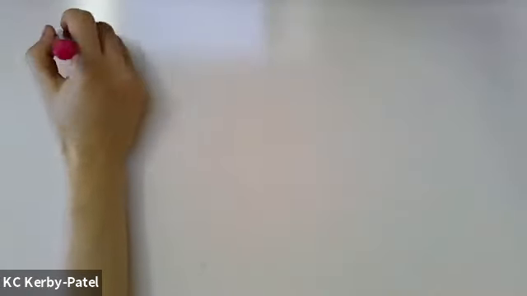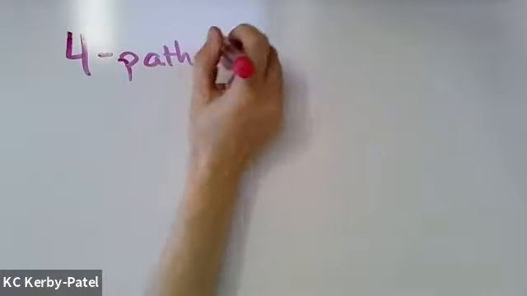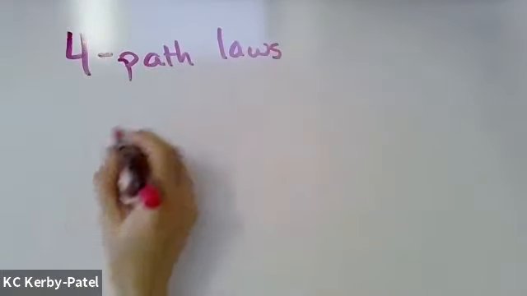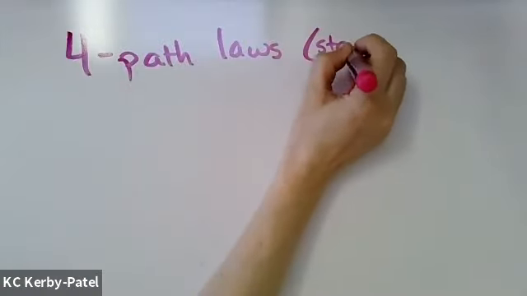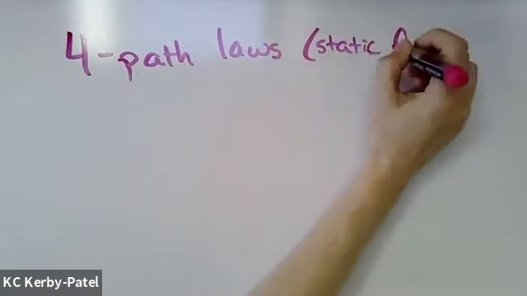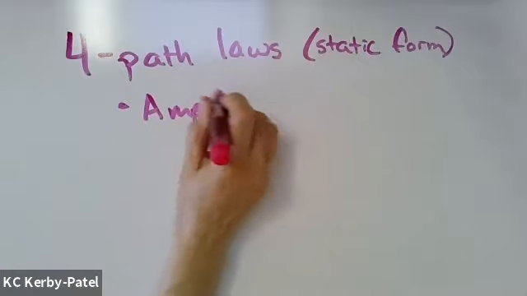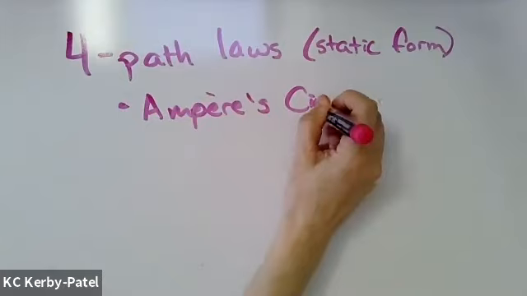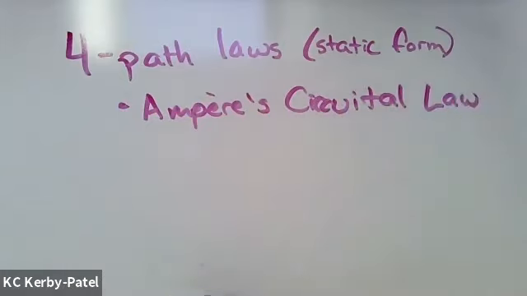Then, in chapter 4, we did the path laws, but only in static form. So this was Ampere's circuit law and finding the magnetic field from it.